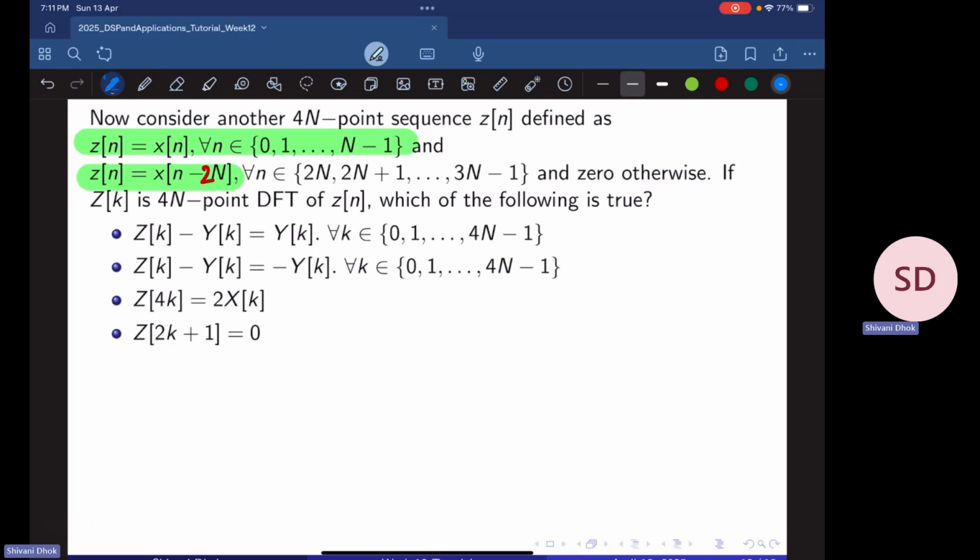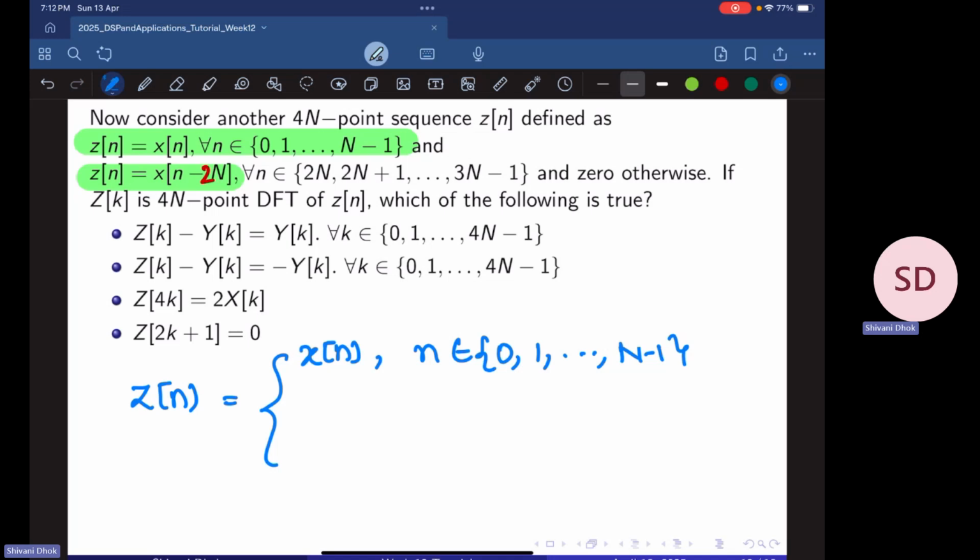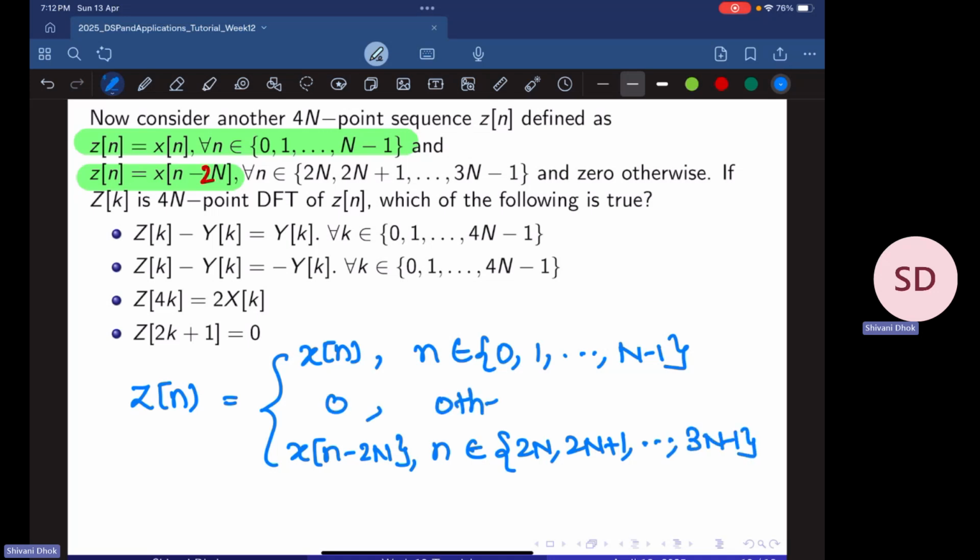So now what is given to us? We have z of n is equal to x of n for n in the range of 0, 1 and so on till N minus 1, and it is x of n minus 2N for n belonging to 2N, 2N plus 1 and so on till 3N minus 1, and it is 0 otherwise.